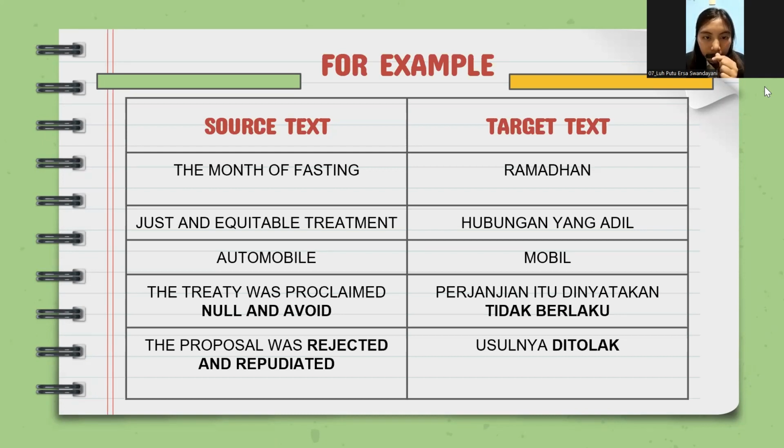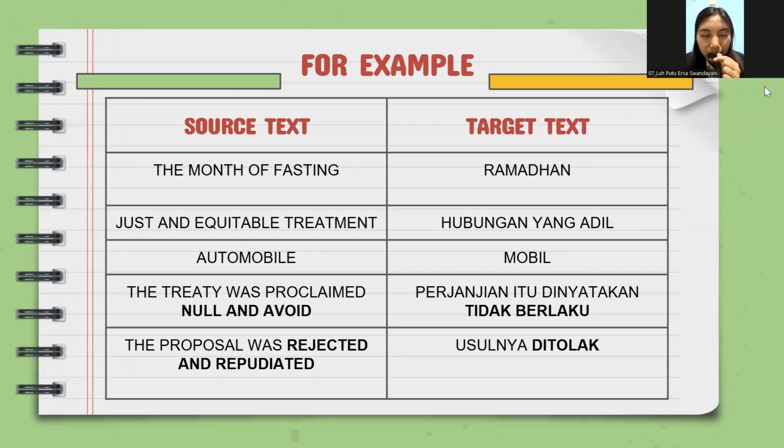Number four, in the source text is "the treaty was proclaimed null and void", in the target text is "perjanjian itu dinyatakan tidak berlaku." And the last one, in the source text is "the proposal was rejected and repudiated", in the target text is "usulnya ditolak." Next slide, please.